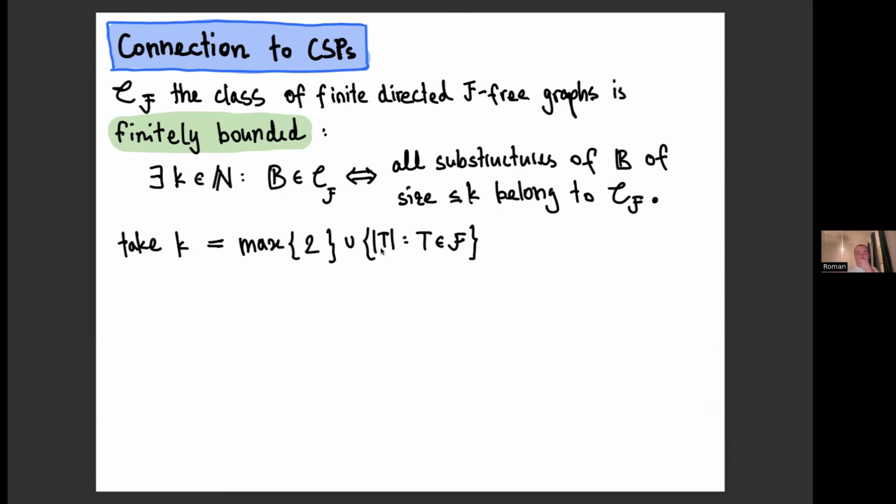And then, since k is at least the size of the largest tournament in F, we can look at all the substructures of size k of B and check if there occurs a forbidden tournament. And if this does not happen, then by definition B is F-free. So yes, the class CF is finitely bounded.